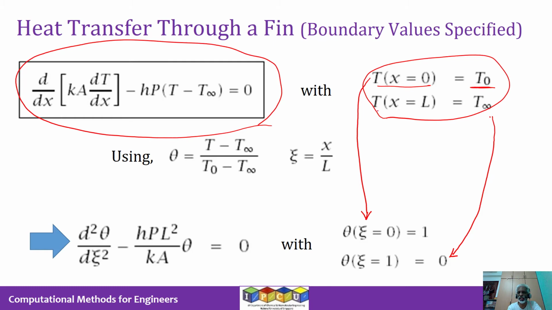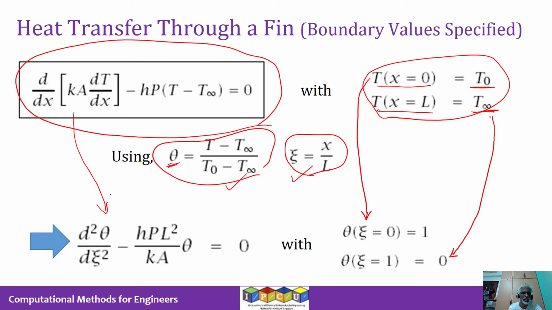The temperature at the tip of the fin was specified to be T infinity. Then we introduced this transformation of variables to introduce the dimensionless temperature theta and the dimensionless position psi. So we use these two definitions, and using the equations 1 to 4 discussed in the previous slide, we were able to reduce this differential equation into this form.